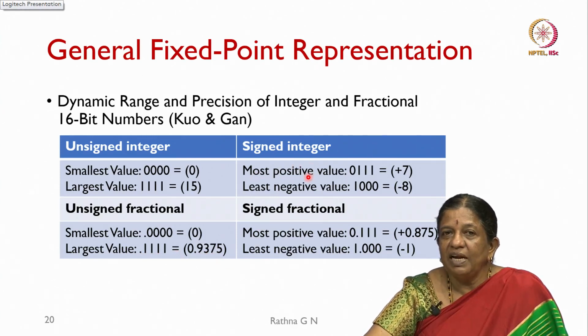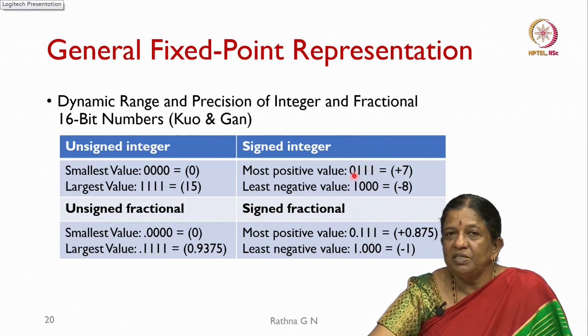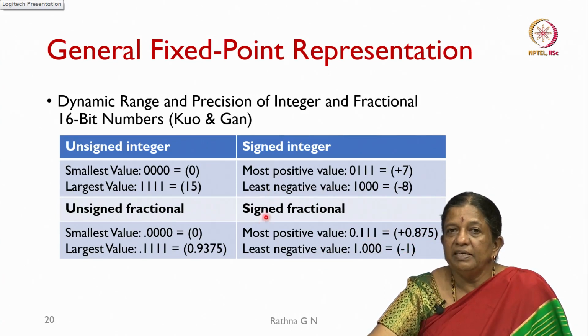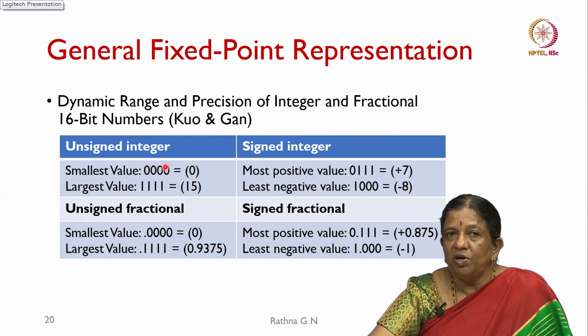When I come to the signed representation, the first bit is 0, and all the other 3 bits are 1, so this is plus 7. The least negative value is 100, which is minus 8. In the signed fractional number representation, 0.1111 is nothing but plus 0.875, the maximum value, and the least negative value 1.00 is minus 1. In this case, we have taken the number of bits equal to 4.